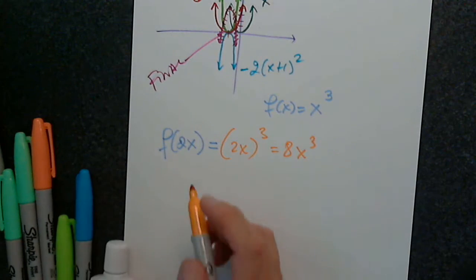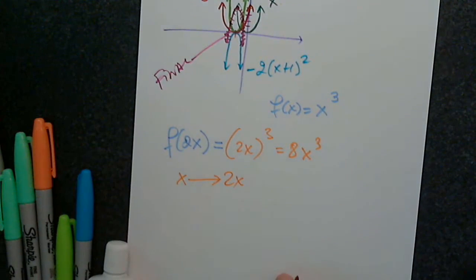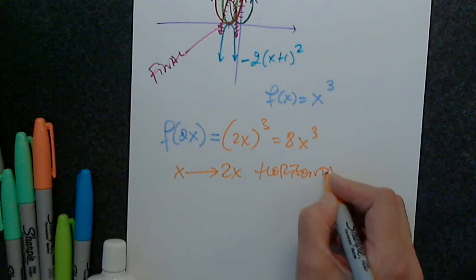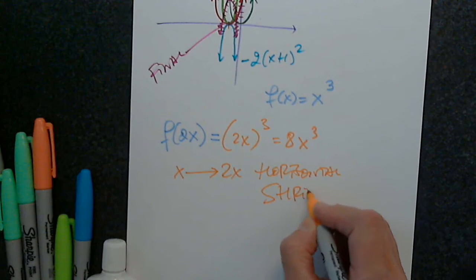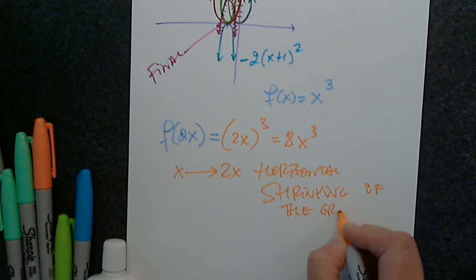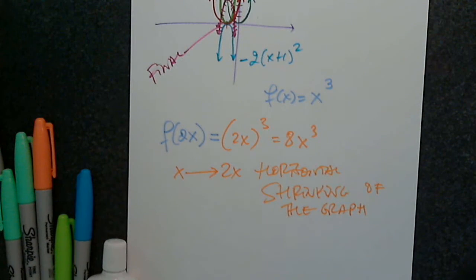So when we change x into twice x, this is a horizontal shrinking of the graph, not a horizontal stretching like you would expect.